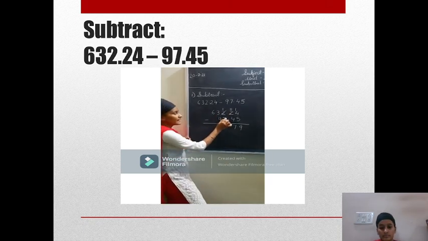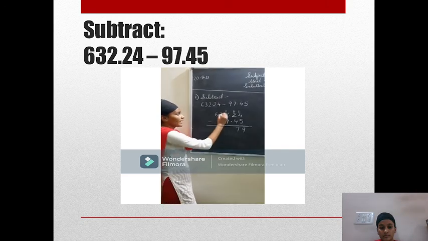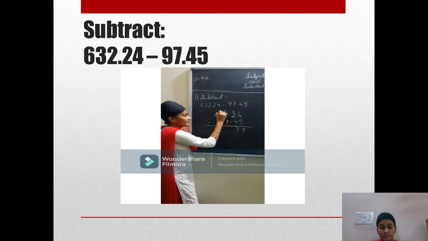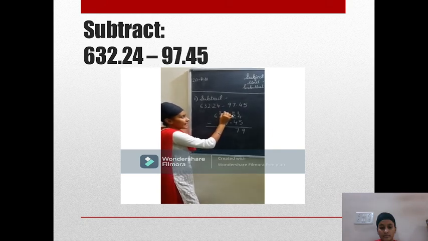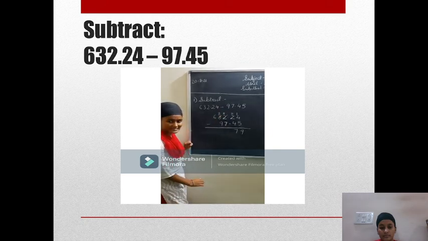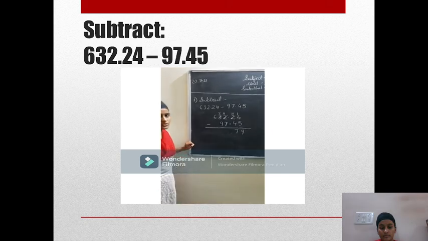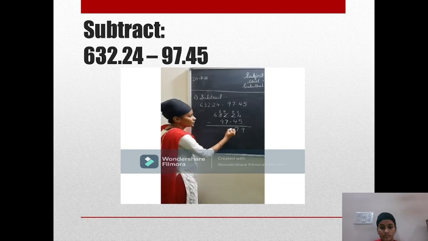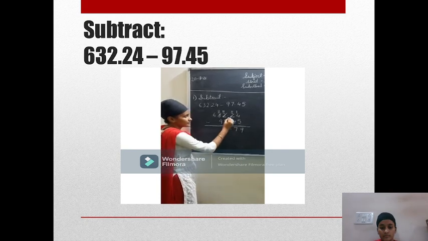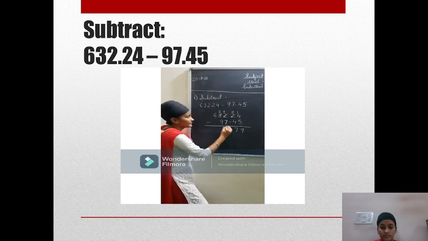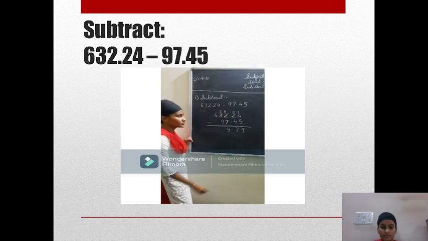Now again 1 minus 7 is not possible. So I will take a number from 3 and cut it and write 2, and I will add 1 here. So this becomes 11. 11 minus 7 is how much, students? 4. So this point I will put here first. Then this 4. Now 2 minus 9 is also not possible.